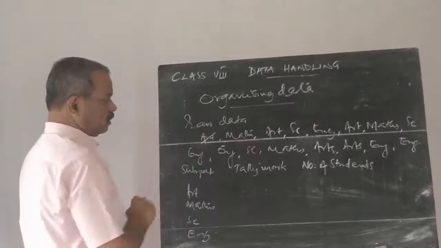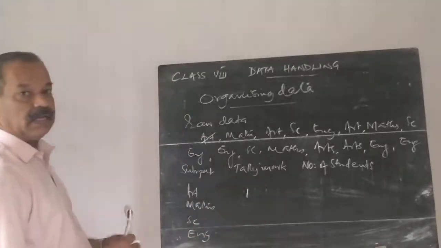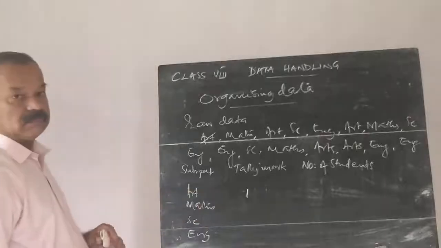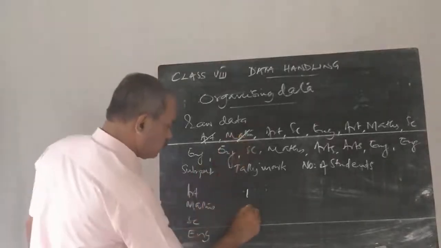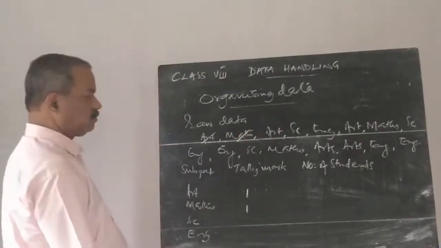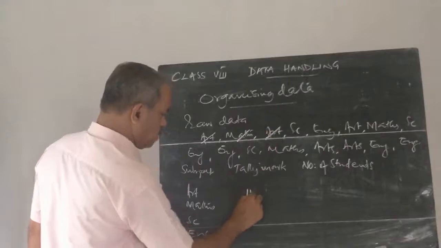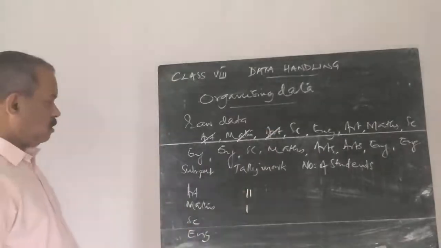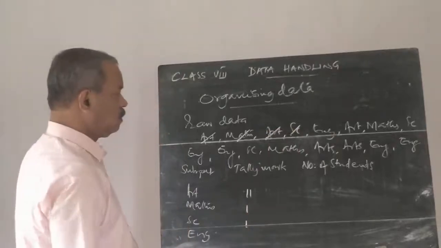Now first read the raw data. Art, put a tally mark, a small line. Then second, read maths, then put a tally mark against maths. Again art, so a second tally mark against art. Science, then mark tally.